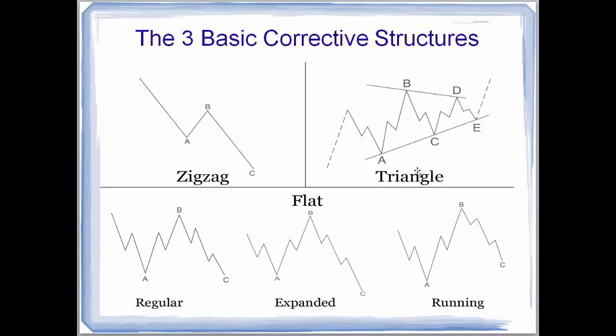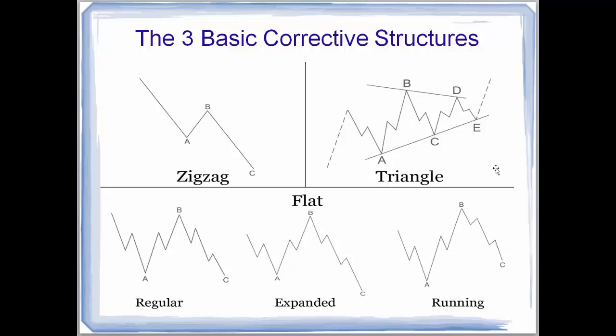Next is the triangle. And each wave of a triangle is a 3-wave something, almost always a zigzag or a zigzag combination. In almost all triangles, the lines get closer together as the triangle moves through time.